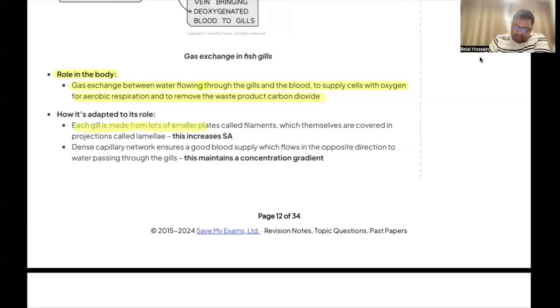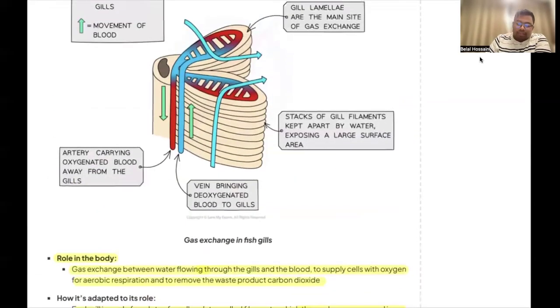Each gill is made of a lot of smaller plates called filaments, which themselves are covered in projections called lamellae. This increases the surface area. The dense capillary network ensures a good blood supply flowing through them. This maintains a good concentration gradient, meaning once the blood gets oxygenated, like you can see in the picture, the red, it then gets taken away from that location.